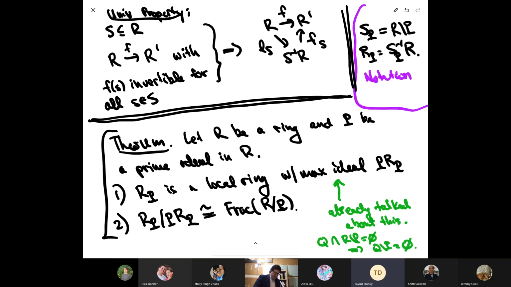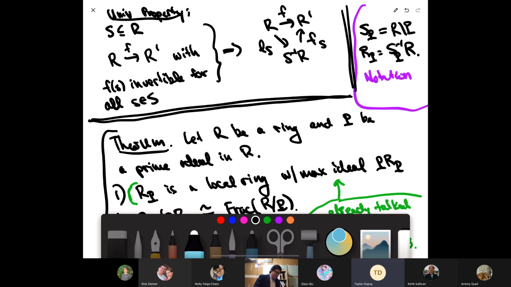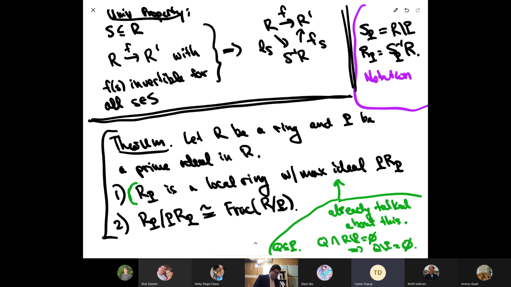And that means, so we're using the description that we had previously, that Q is contained in P. So the idea is that the prime ideals of this localization are really all the prime ideals that are contained in P, right? All the prime ideals that are contained in that prime ideal P, if you're identifying them as prime ideals of the original ring. Okay, so let's do the proof of 2.